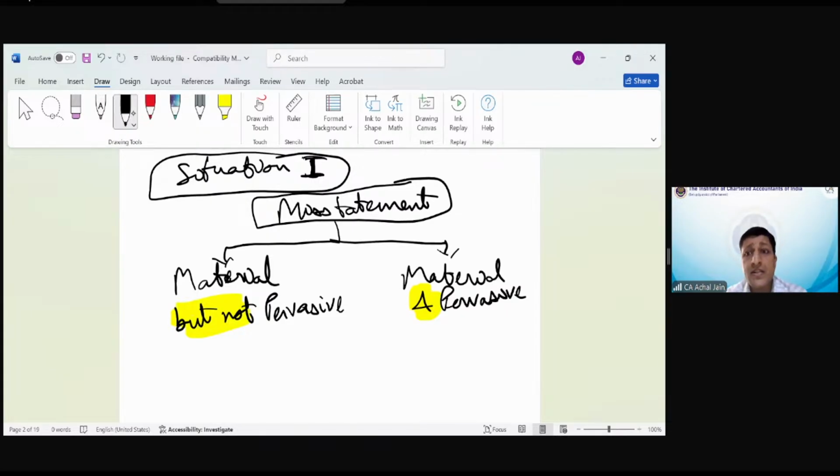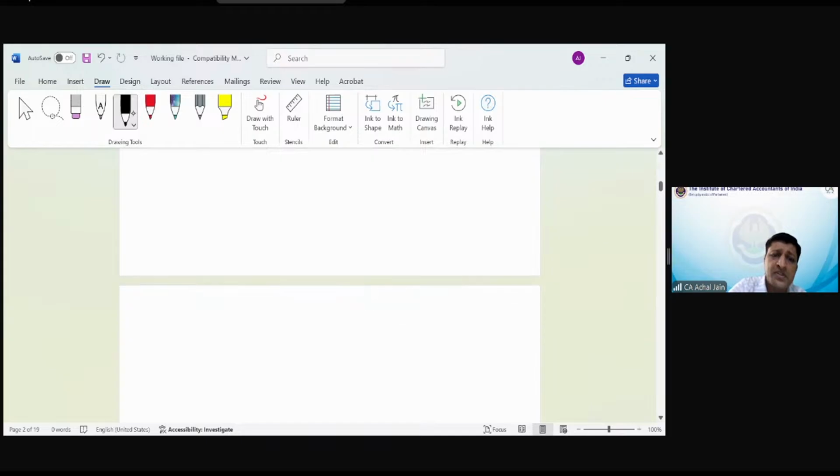Or you can say something which applies to only a few items in the financial statements, but its impact is huge, such that the entire set of financial statements is getting impacted. So that's the understanding we have of pervasive. Let's try to understand this with the help of one example. Let me pick up one example.